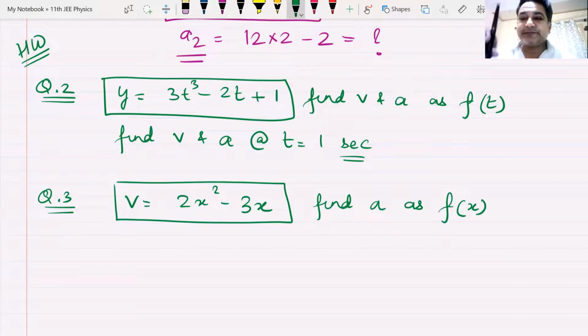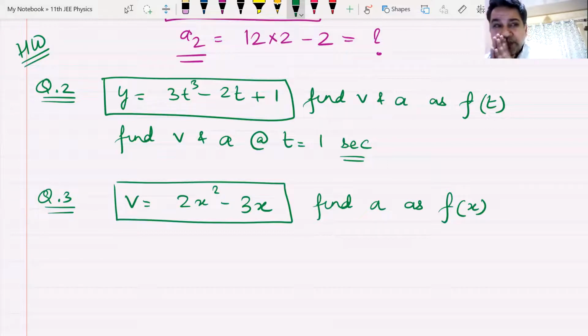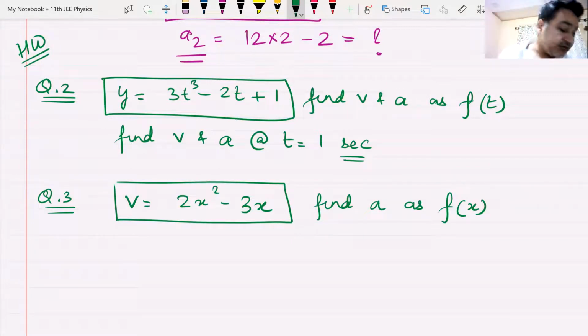Can you do this? Acceleration as a function of x. X is the position along x-axis. Velocity v is given as a function of x, 2x square minus 3x. Can you get me acceleration as a function of x? That is your question.